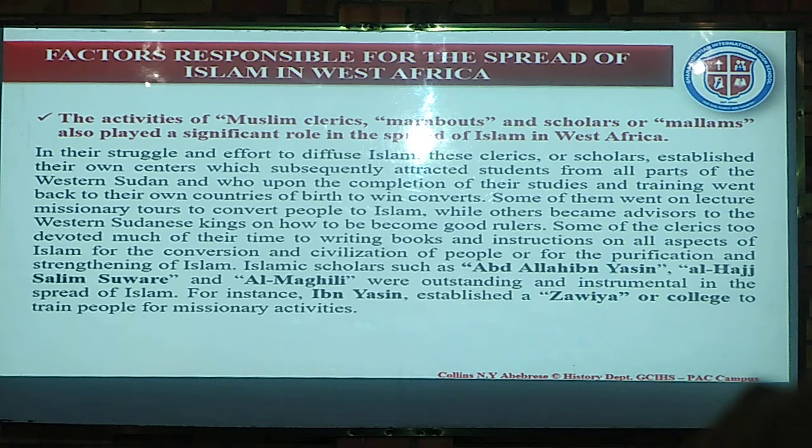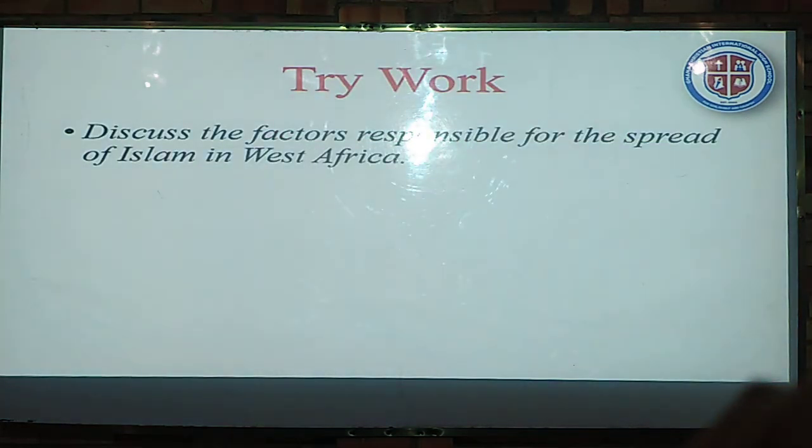Some of these outstanding scholars are named there. Also, some of the products of these Muslim schools established by the malams went out to preach the Islamic faith. So basically, these were some of the reasons that led to the spread of Islam in West Africa.